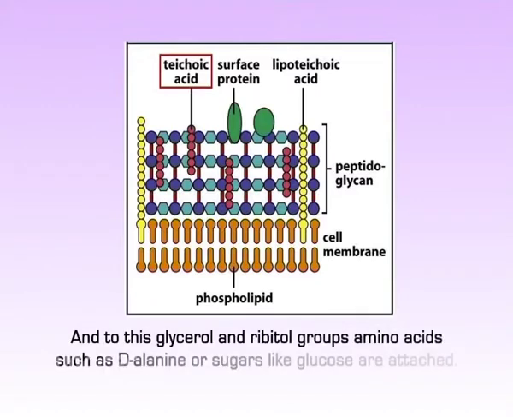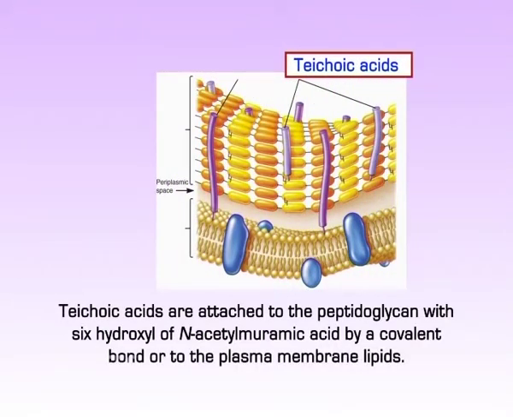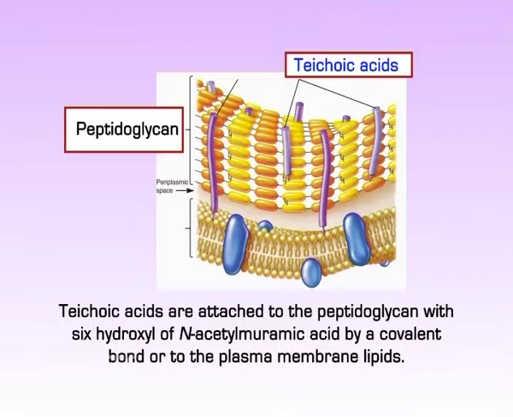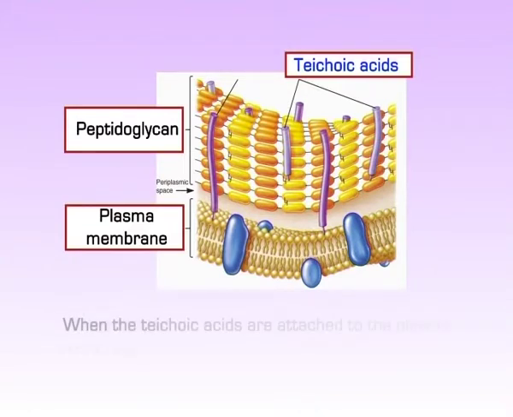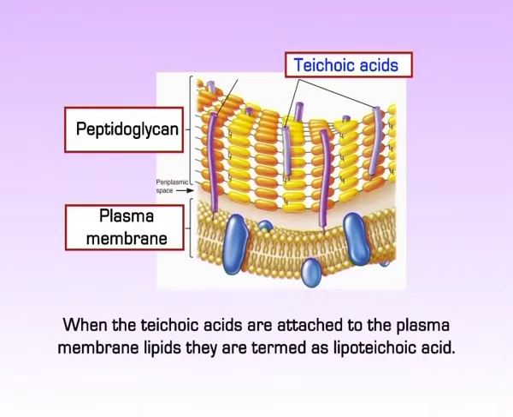To these glycerol and ribitol groups, amino acids such as D-alanine or sugars like glucose are attached. Further, teichoic acids are attached to the peptidoglycan at the 6-hydroxyl of N-acetyl muramic acid by a covalent bond, or to the plasma membrane lipids. When teichoic acids are attached to the plasma membrane lipids, they are termed lipoteichoic acid.